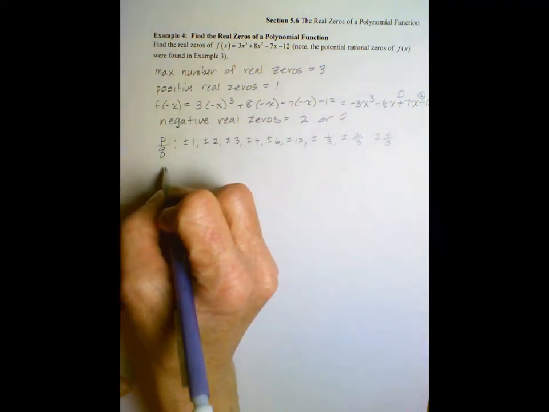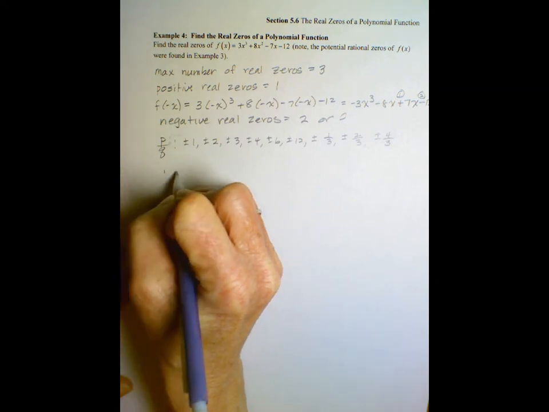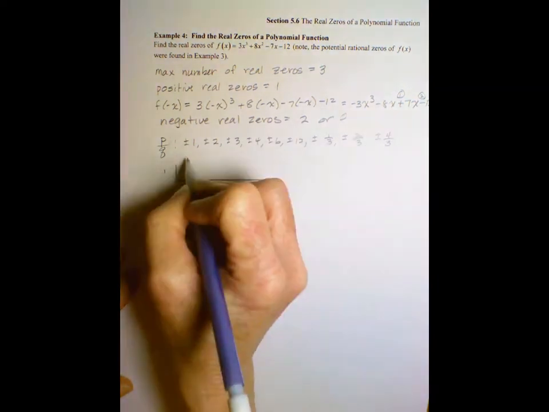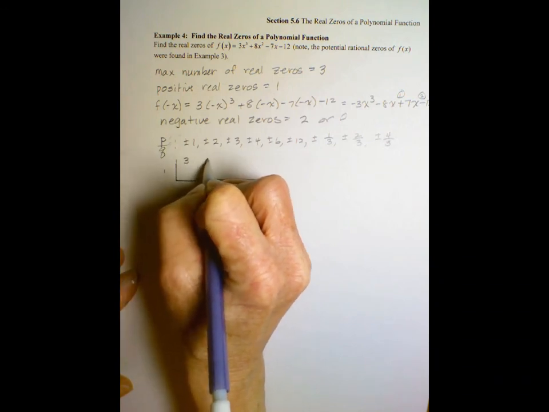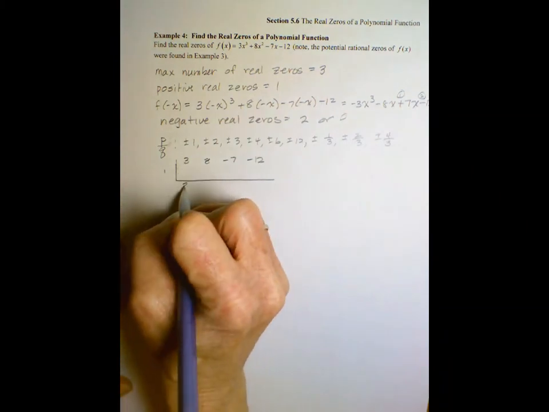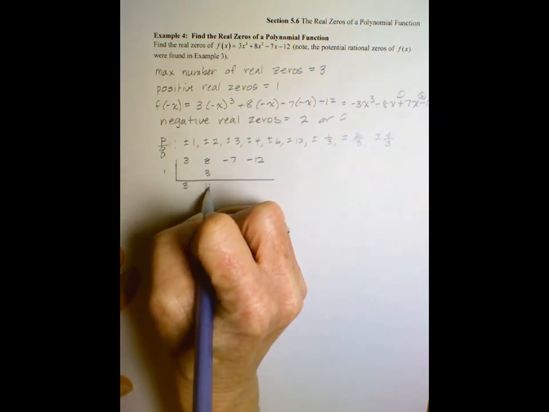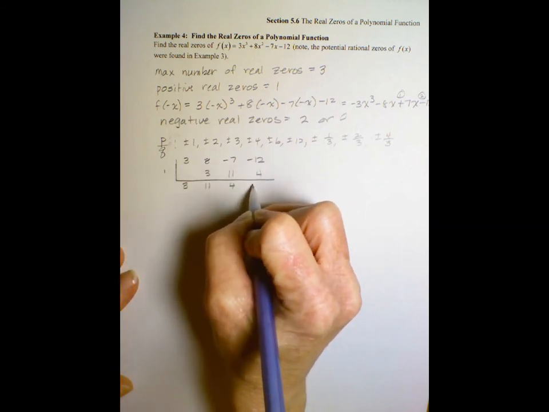We could start with positive 1 and see if that works. The coefficients are 3, 8, negative 7, negative 12. Recall you bring the first number down, multiply, add, multiply, add, multiply, and add.